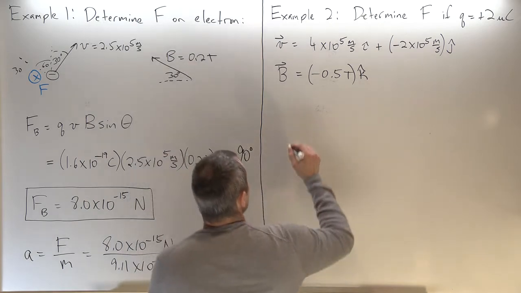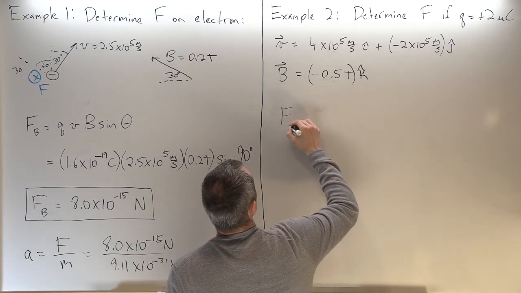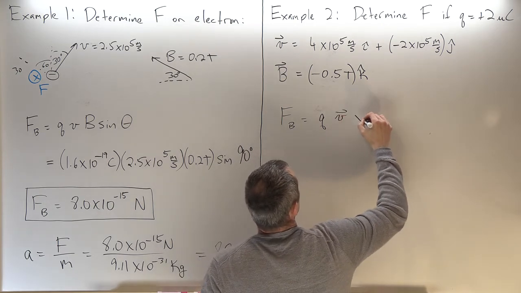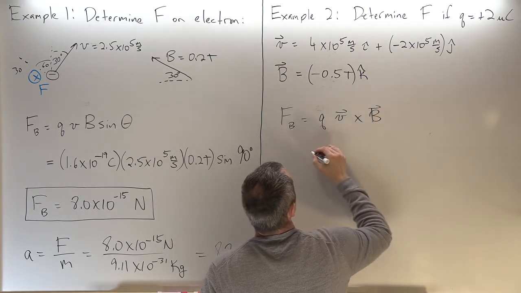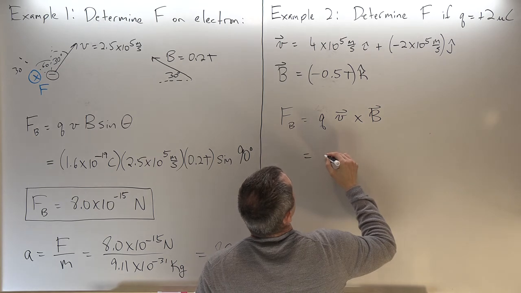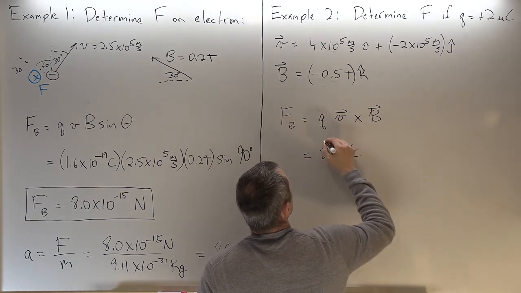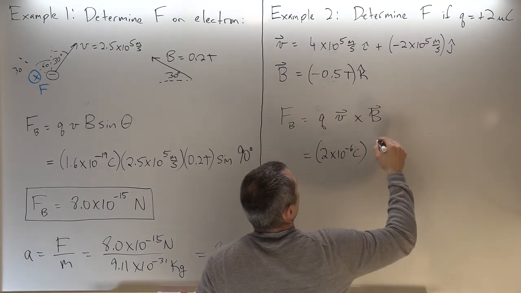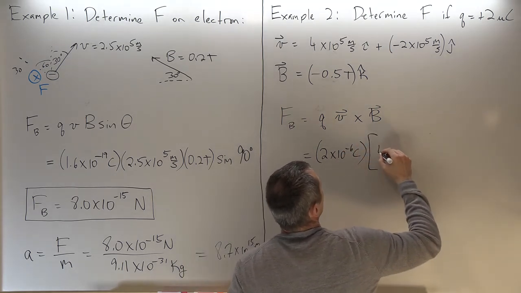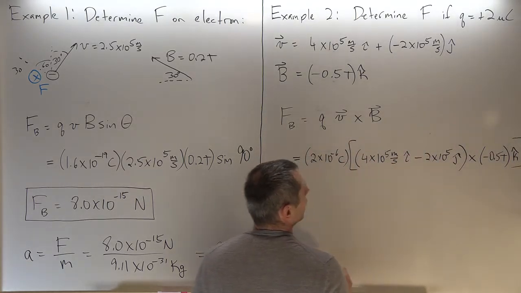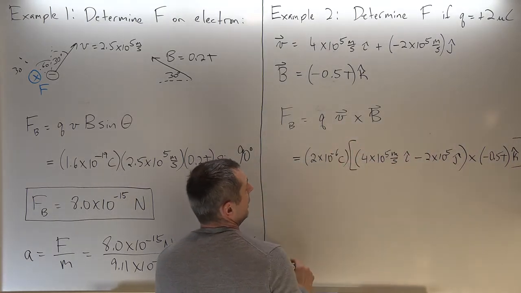We do that by first writing out FB equals Q V vector cross B vector. In other words, 2 times 10 to the minus 6 coulombs is the charge. And then V is 4. Okay, so there's velocity and magnetic field filled in.